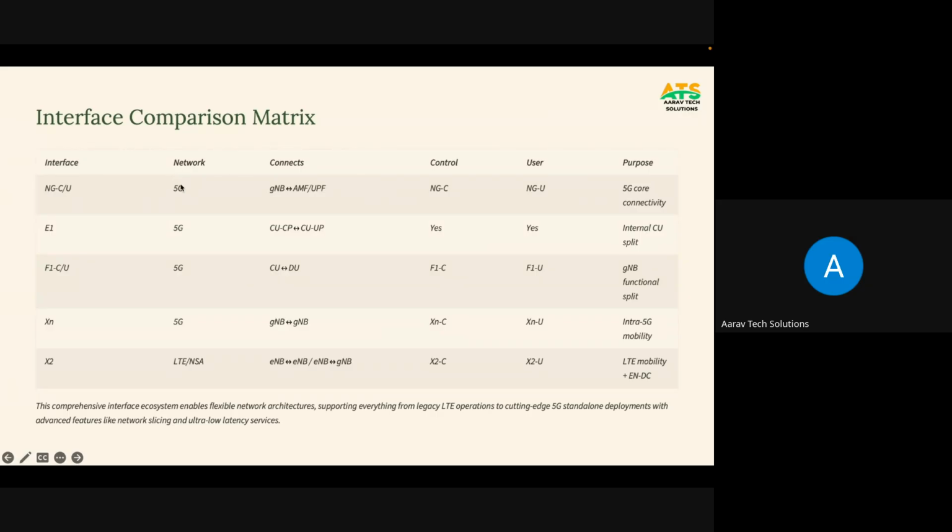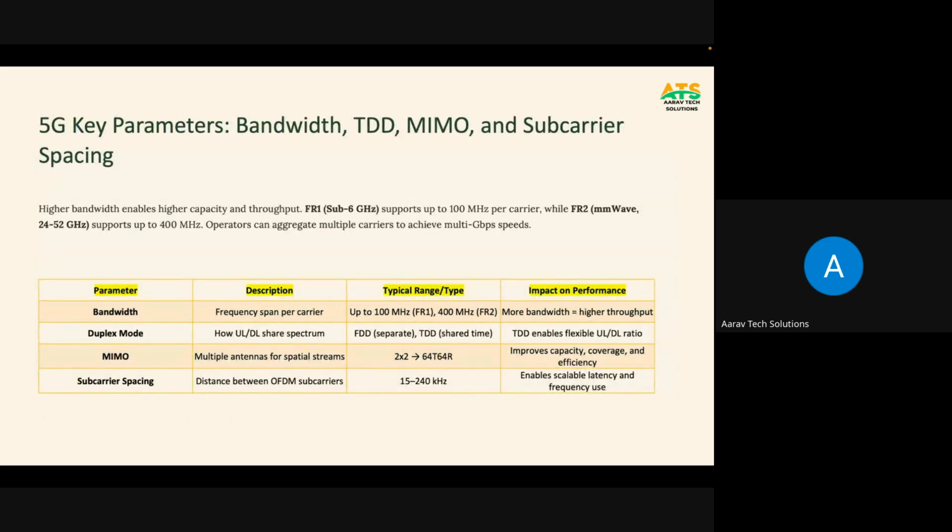All others are meant for 5G only. It also shows what components it connects, what is meant for the control plane, what is meant for the user plane, and the purpose. I added the table for better understanding, on a very fundamental level. So this is about the interfaces.